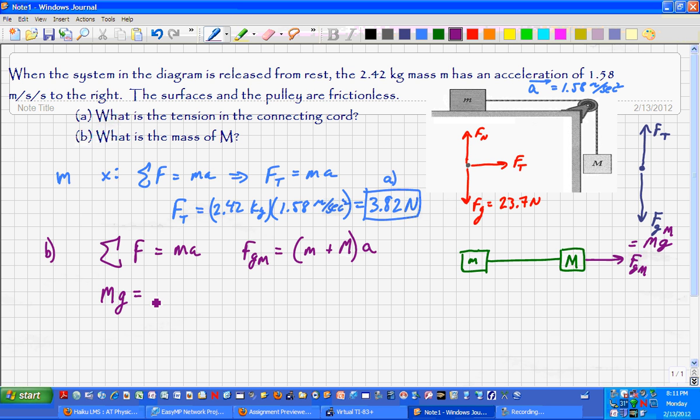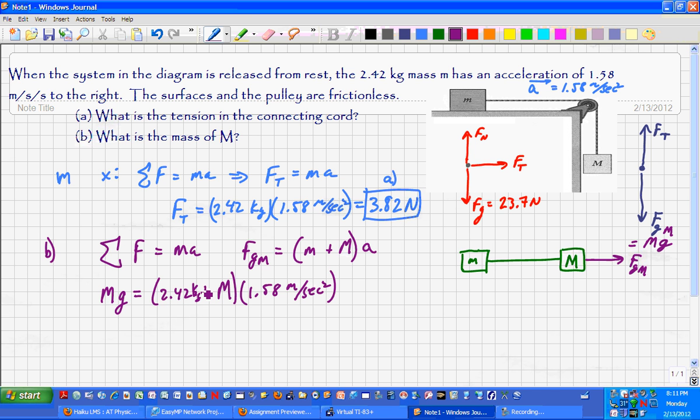Little m is 2.42 kilograms, plus big M, which I don't know, times A, which is 1.58 meters per second squared.